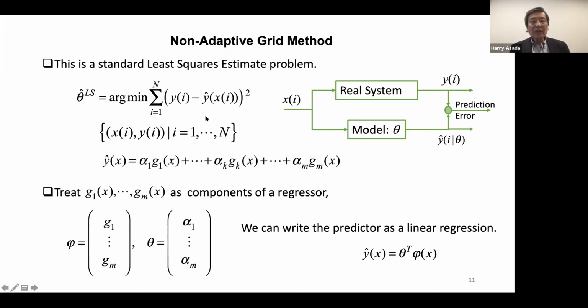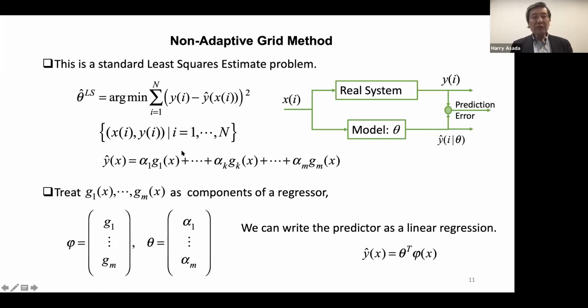The sum of the squared errors between yi and yi hat is to be minimized, and the parameters that achieve this are the optimal parameters. And here, the prediction is nothing but a linear regression, right?